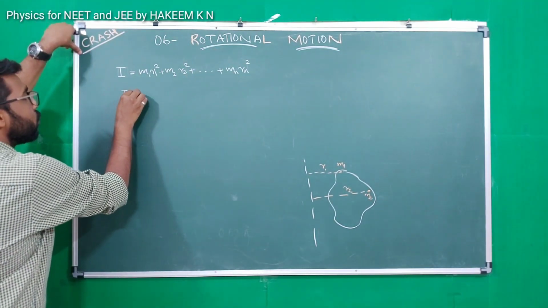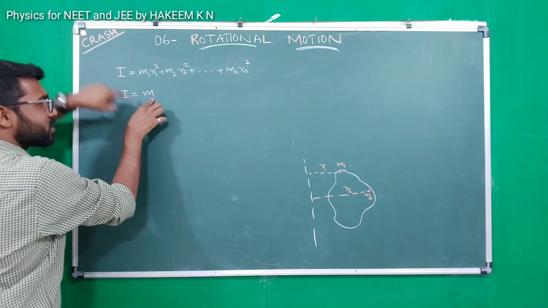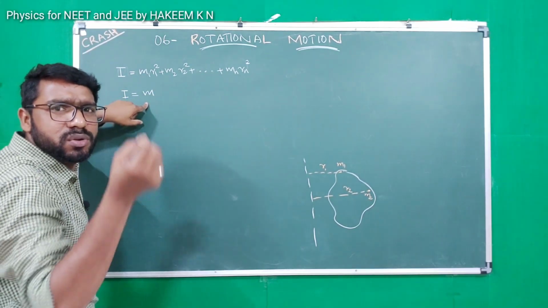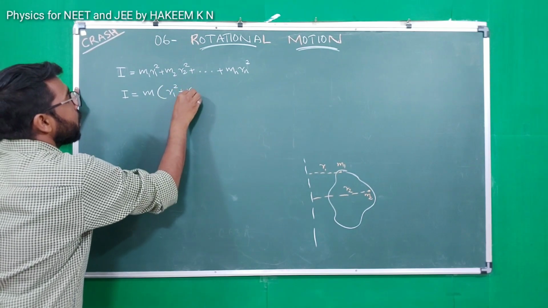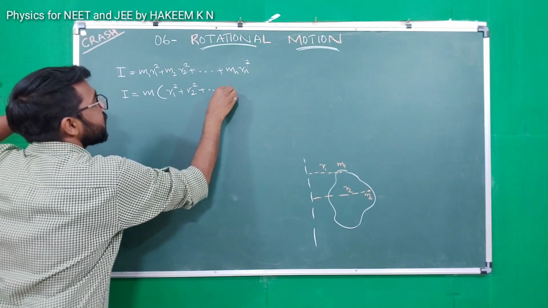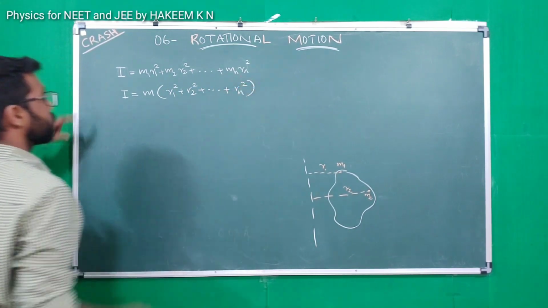So I equals, we can take small m, the mass of a point mass, outside: r1 square plus r2 square plus etc. plus rn square.